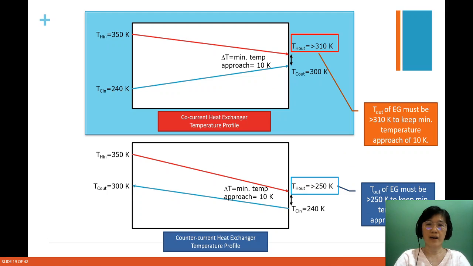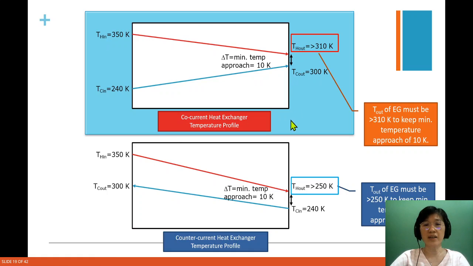Now, before we start solving the question, you must be able to understand the meaning of minimum temperature approach. Then only can you solve the problem accordingly. Okay. We have two cases over here. The case at the top is for the temperature profile of a cocurrent heat exchanger, right? And you must have learned this in your heat transfer subject.